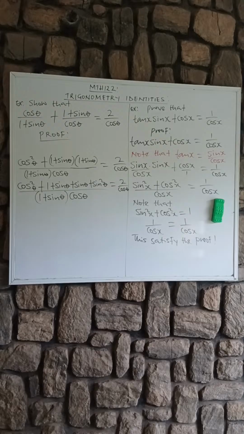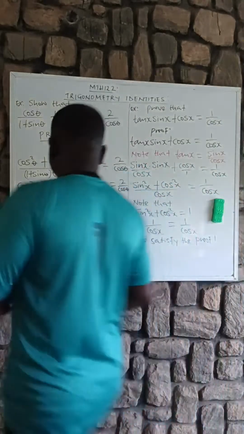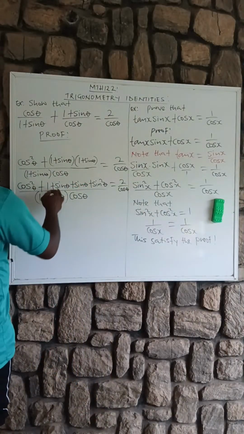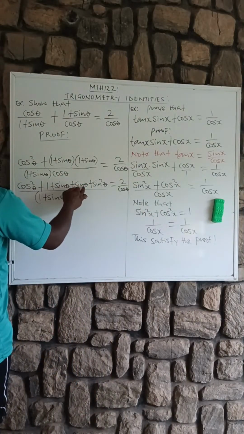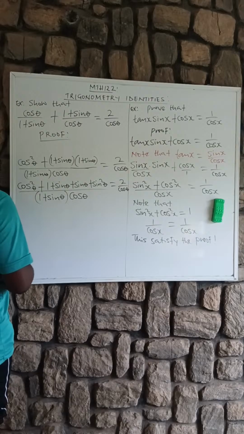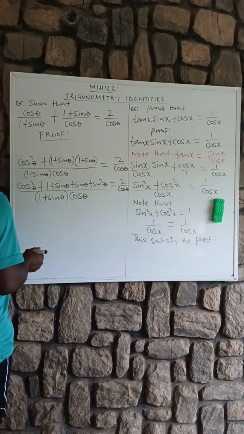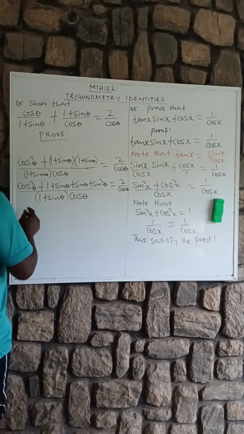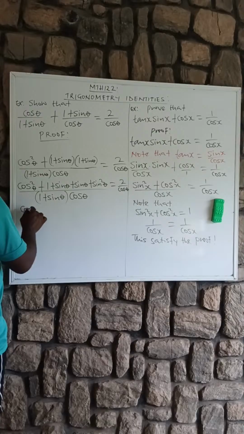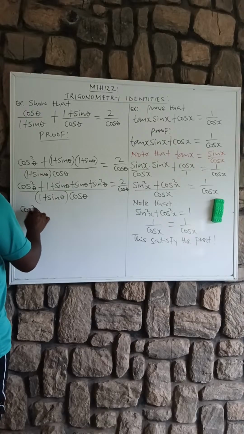So if you agree with me, it means that we can add this and this to give us 2 of us. True or false? It's true, right? Okay. So here will be cos square theta.